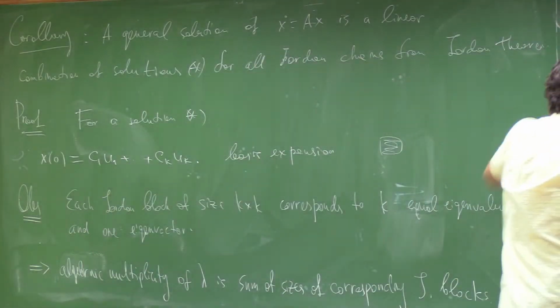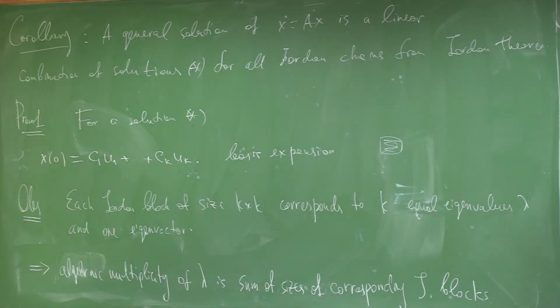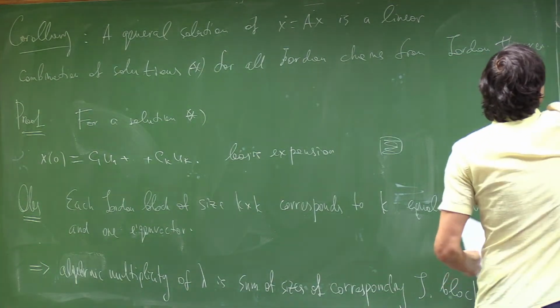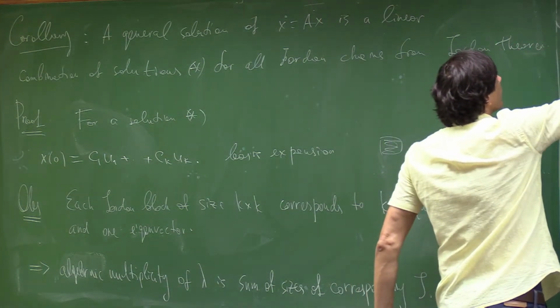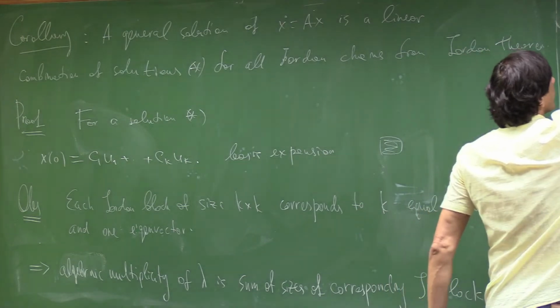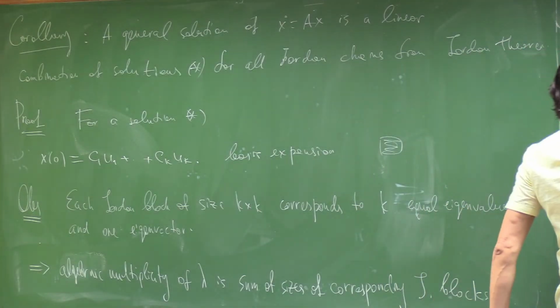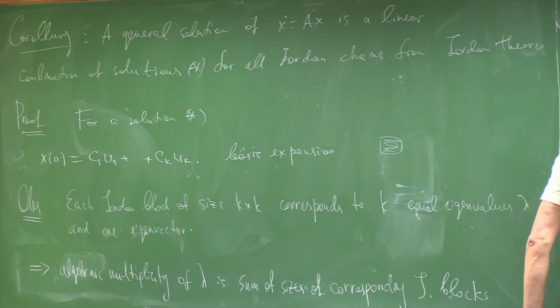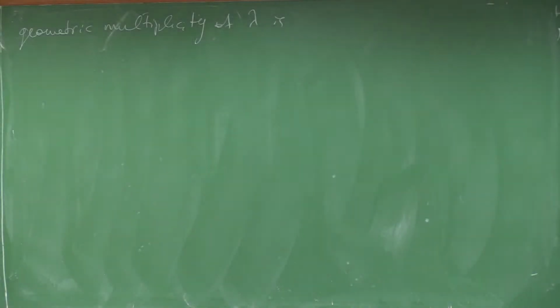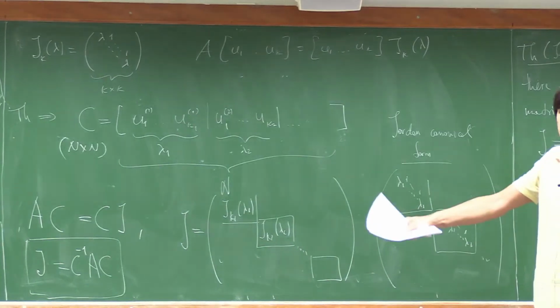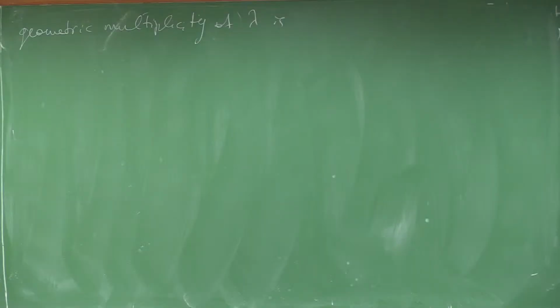And what is the geometric multiplicity? Each block just gives you one eigenvector. So geometric multiplicity is how many blocks you have. It's the number of blocks.